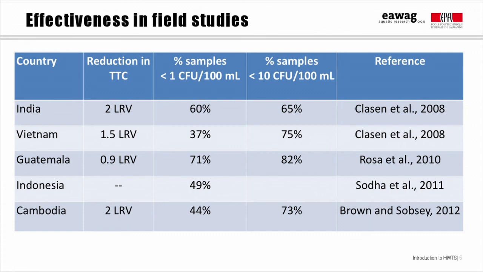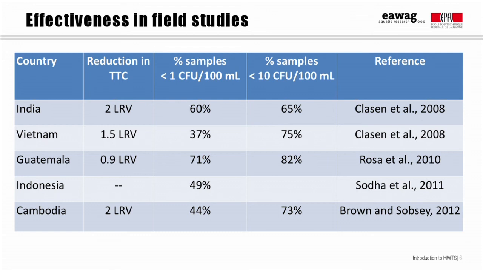In recent years, a number of studies have examined the effectiveness of boiling as applied in different countries. These studies have found significant reductions in indicator bacteria, usually thermotolerant coliforms, but have also documented substantial recontamination of water, with roughly half to 60, maybe 70% of samples having no detectable indicator bacteria.